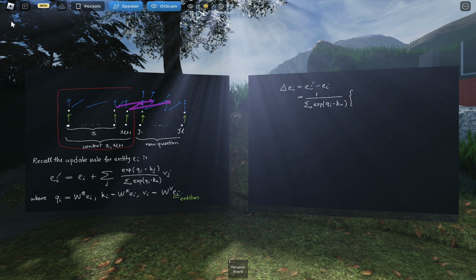Imagine I'm going to call these entities frozen, for a reason I'll explain in a moment. And these are unfrozen, or just normal. And I'm imagining my entity i is in here somewhere.